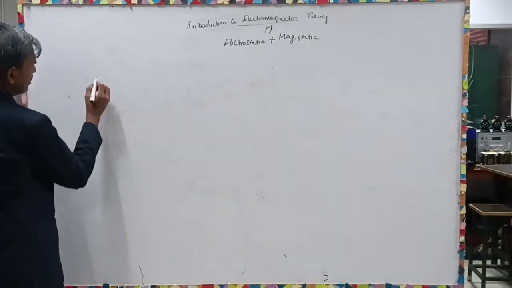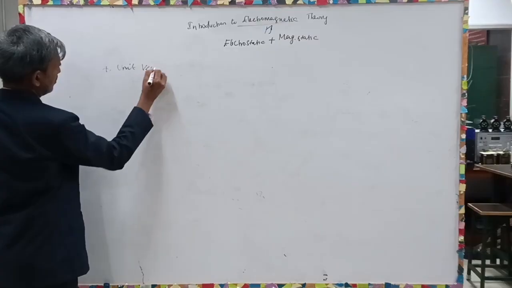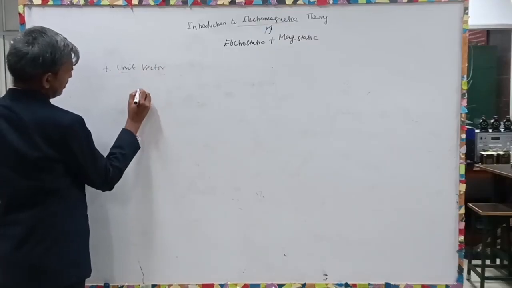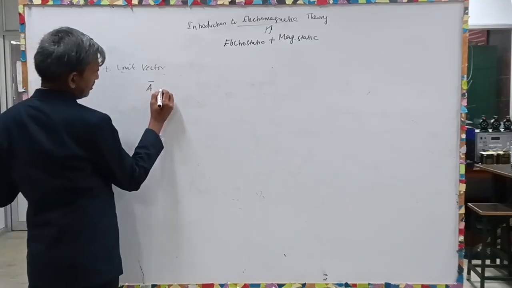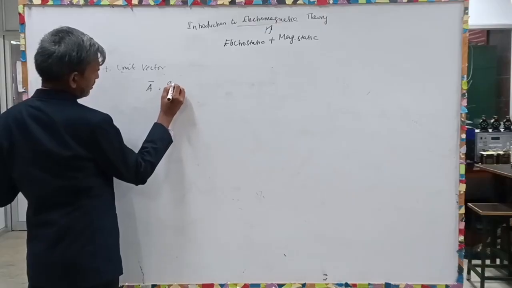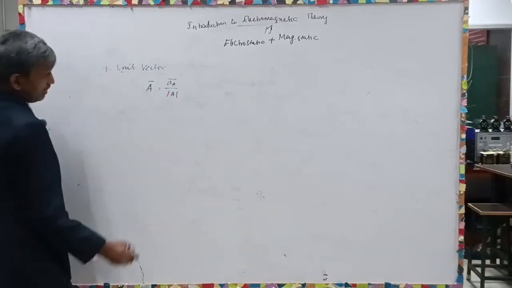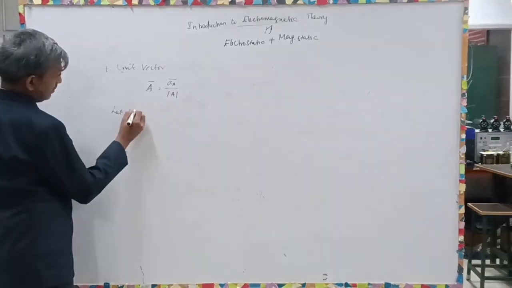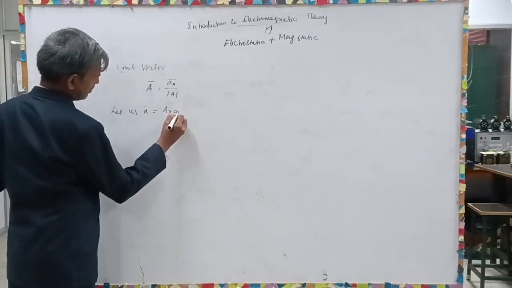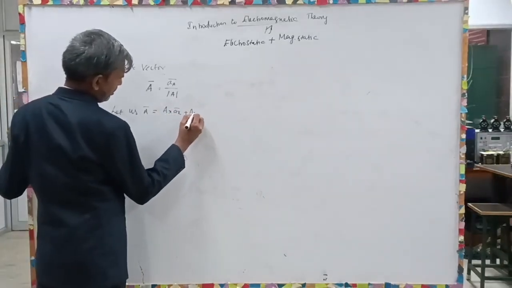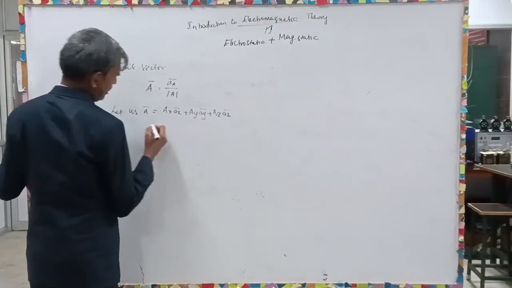The fourth one is unit vectors. Let us consider the vector A. We are finding the unit vector of A, which means A vector divided by modulus of A. So let us consider A vector is equal to AX along the unit vector ax, AY along the unit vector ay, AZ along the unit vector az.